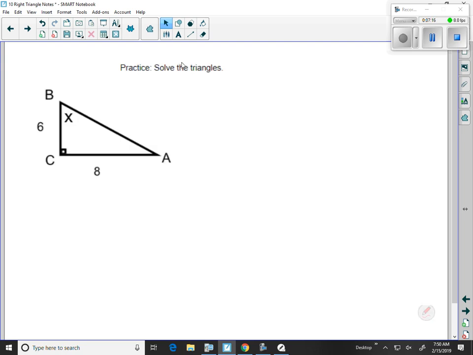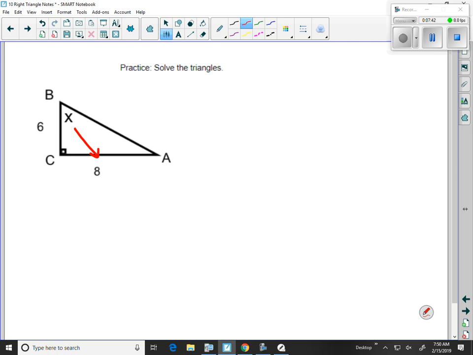Okay. So when we say solve a triangle, that means by the end of solving a triangle, we're going to have all the sides and all the angles solved. If you notice, the only angle we have in the first example is our 90-degree angle. So our first job is to find this missing angle x. So we're going to use 8 and 6 to do that. If we look at 8, how does it relate to angle x?